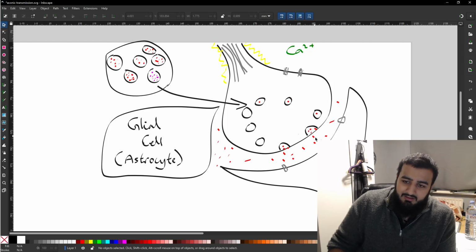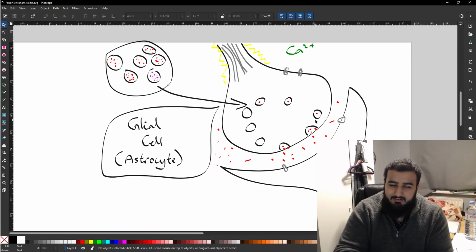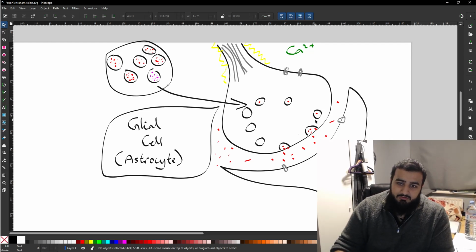So how do we clean this up? How do we get rid of the excess in the synaptic cleft? You just let it float off into the extracellular environment and potentially disrupt other processes. Probably not a good idea in something as sensitive and delicate as the brain. So the brain has actually put a glial cell, a support cell, here, one of the three support cells of the brain.